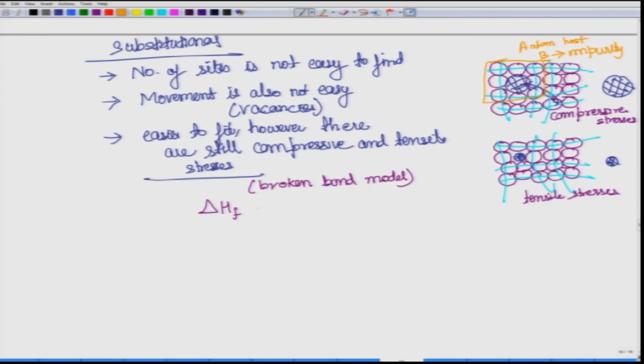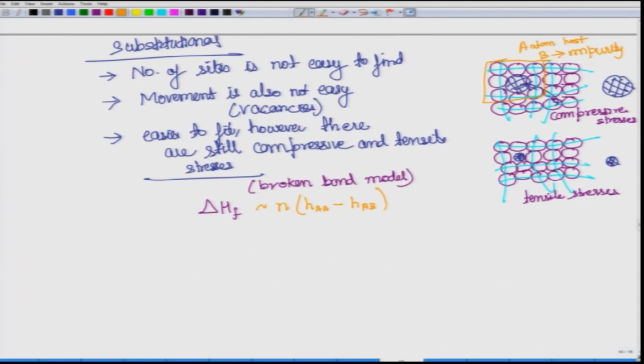So, depending on the crystal structure, there will be n number of nearest neighbors. This n will be multiplied by the difference between HAA, which is the bonding energy between the same type of atoms which were originally present, minus the energy that has been released by formation of the impurity bond.